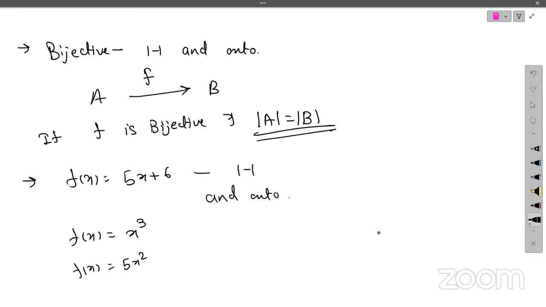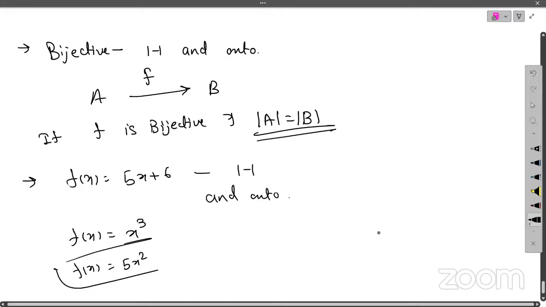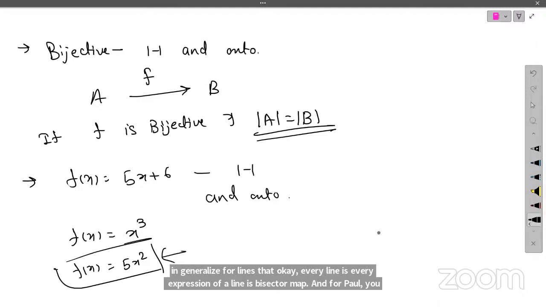And polynomials most of the time won't be bijective functions. So you can learn the graphs of polynomials, which we will cover in week 4. There you can see, but we cannot generalize actually. You can generalize for lines that every expression of a line is a bijective map, and for quadratic functions you can generalize that every quadratic function is not a bijective function, but for cubic and all those higher powers we cannot generalize.